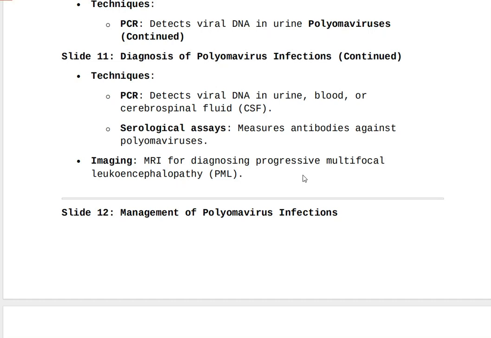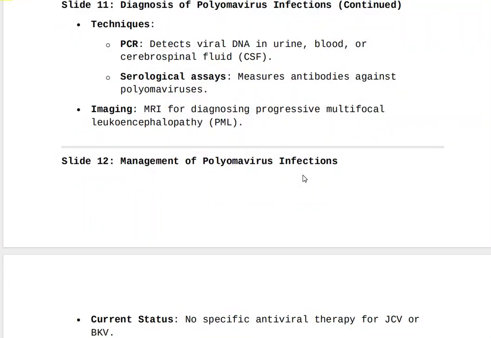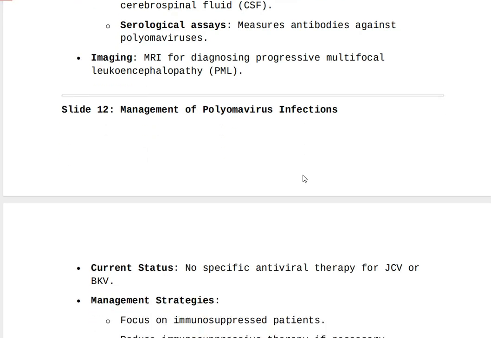There is a serological test, but it may not necessarily be available all the time. Radiologically, we can perform MRI, magnetic resonance imaging, to diagnose PML, or progressive multifocal leukoencephalopathy.